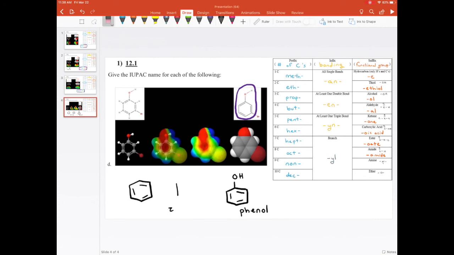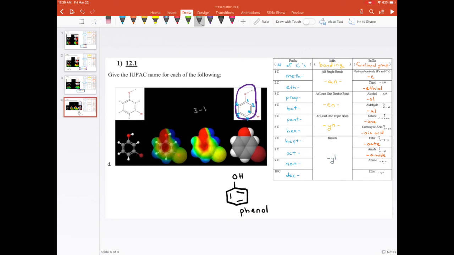Now with these, you always start numbering at the carbon that has the functional group on it that gives the benzene its new name. So here, the carbon that gets number 1 is the one that has the OH on it. We could number this clockwise or counterclockwise. We'll get a lower number for bromine if we do it clockwise. So the bromine is coming off of carbon number 3.